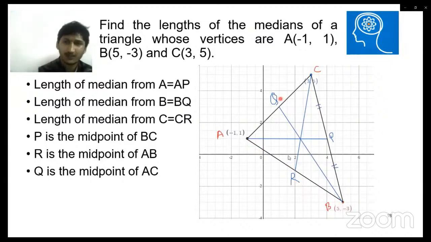When you get the coordinates of Q and R, you can easily find the length of BQ and also the length of CR. And those lengths will be the lengths of the medians. Find them out and do put them in the comment box.